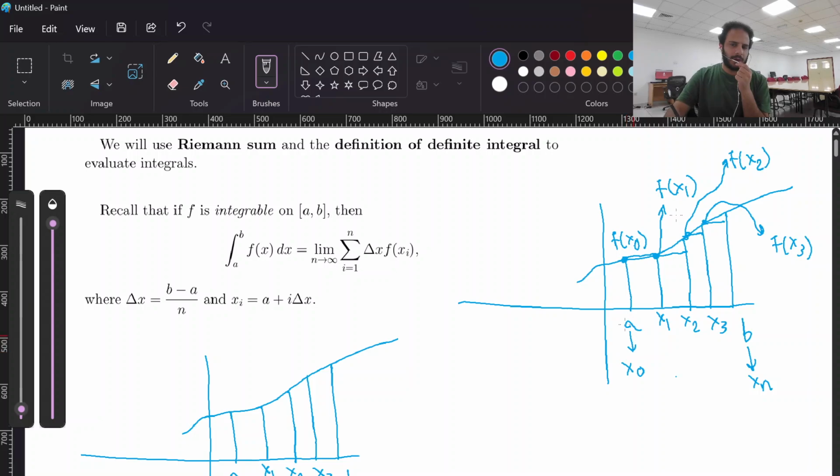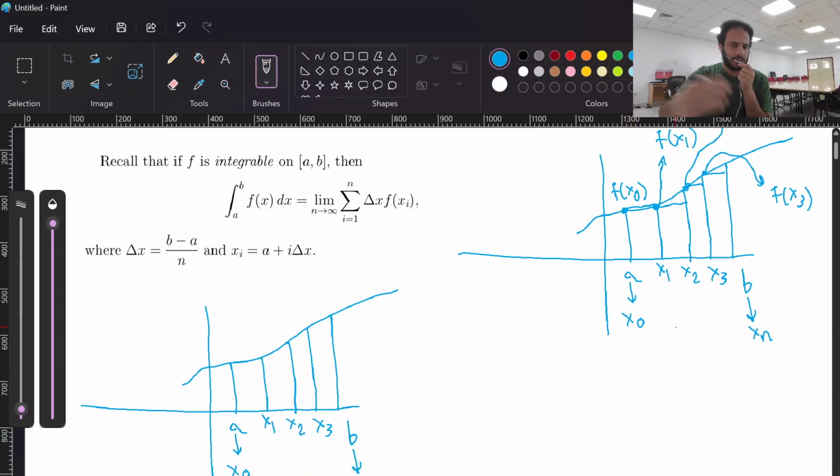Now, how to find the area of each rectangle? Width times height, right? So you have the first rectangle, delta x f of x0, because it's left sum.